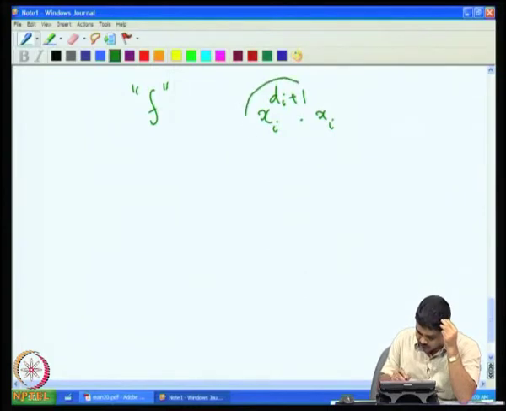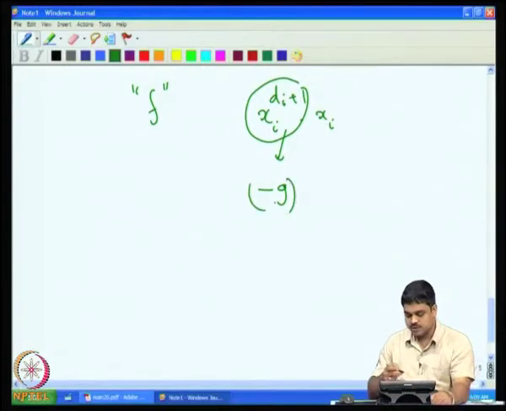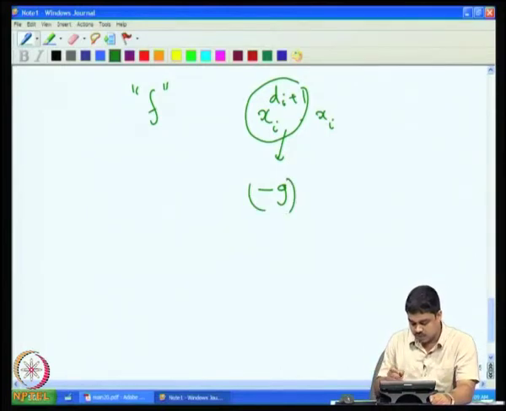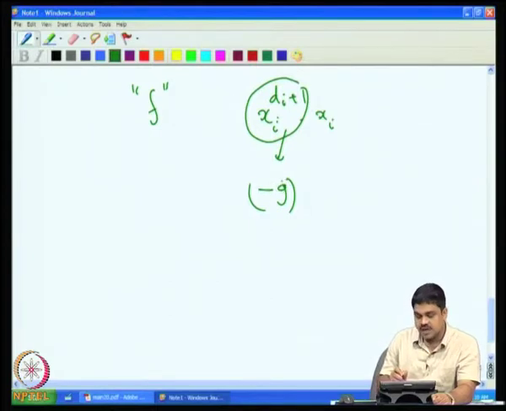So, we can separate this and substitute it by minus g. We repeatedly substitute by minus g and multiply again. Because we are substituting with a polynomial of lower degree, the degree will reduce everywhere: initially it was degree di plus 1, and then only terms of xi raised to di and below remain.